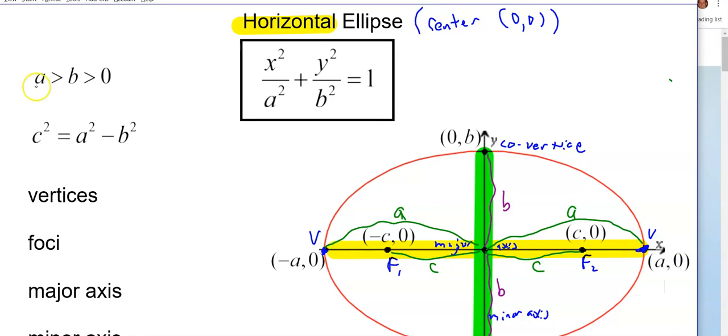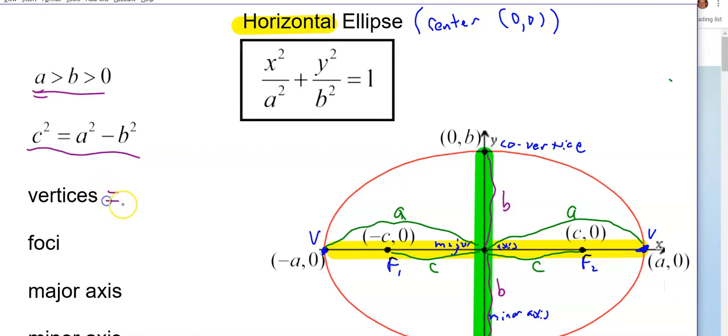So a is always the biggest number. a is always bigger than b, and they're always positive. We never have an a value or b value that's negative. That's what this first statement is saying. This is not quite the Pythagorean theorem, but it has a similar relationship, where a squared is like the hypotenuse. It's saying that a is the longest of those three, and if you add up b squared plus c squared, you would get a squared.